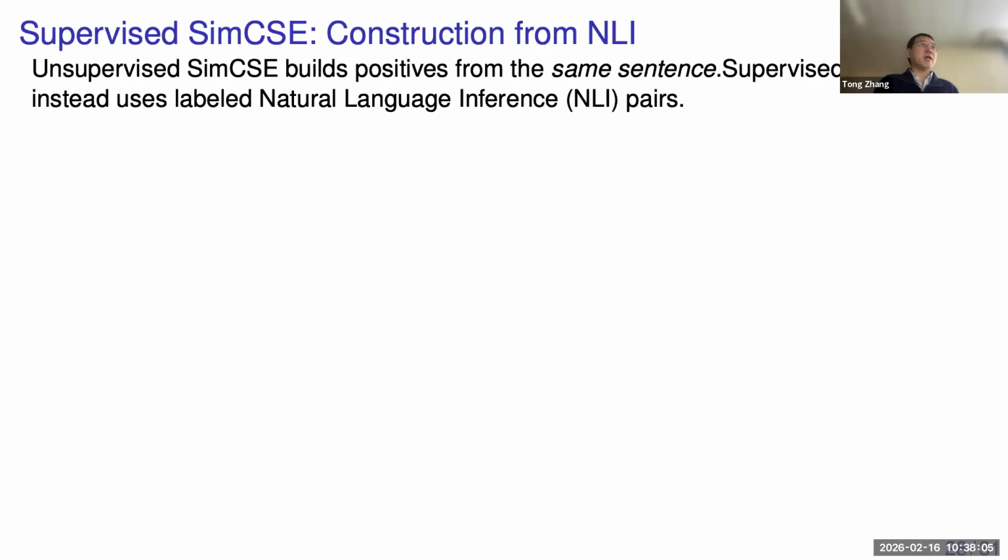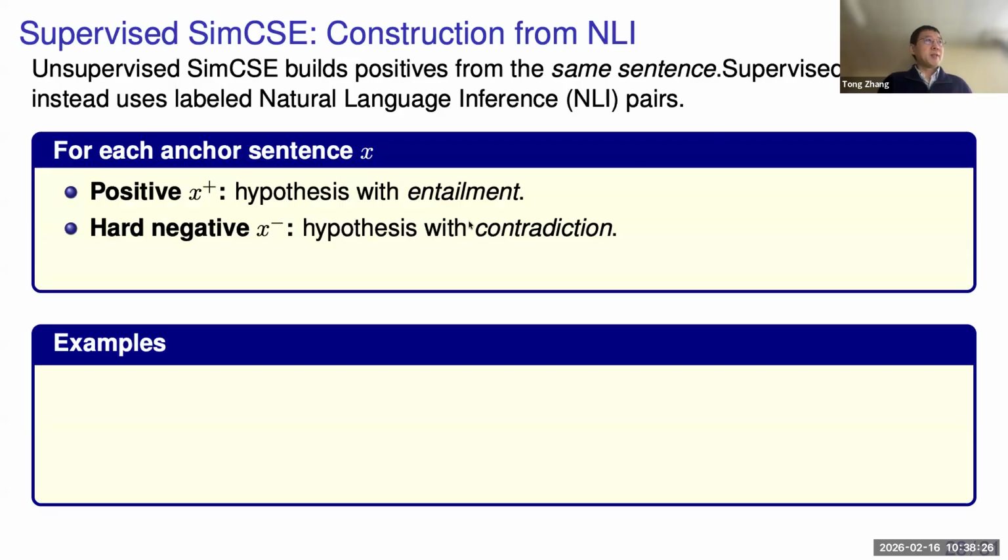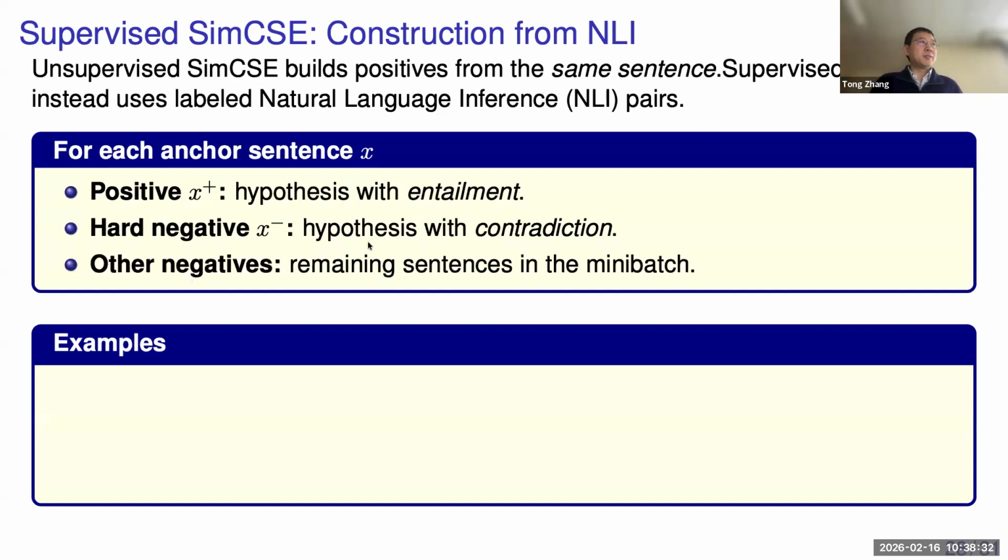Given some sentence A, sentence B is inferred from A. Then they regard it as a positive pair. The positive is the hypothesis, the so-called entailment, while the negative is the contradiction, and so on. Other negatives remain in the mini-batch.